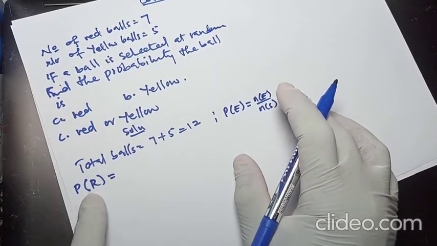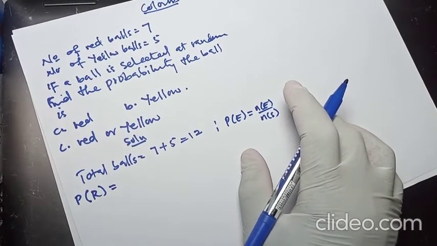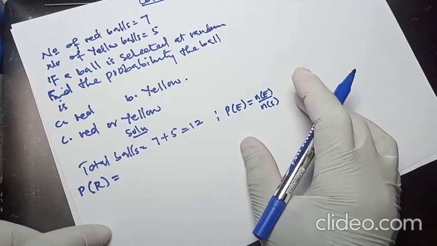So the probability of the red balls. When you're about to select a red ball, how many red balls do we have? We have 7 red balls and each of them has a chance of being selected. Though we want to select one, we have 7 chances there. So the 7 chances will be the event, meaning we can select any of these 7.